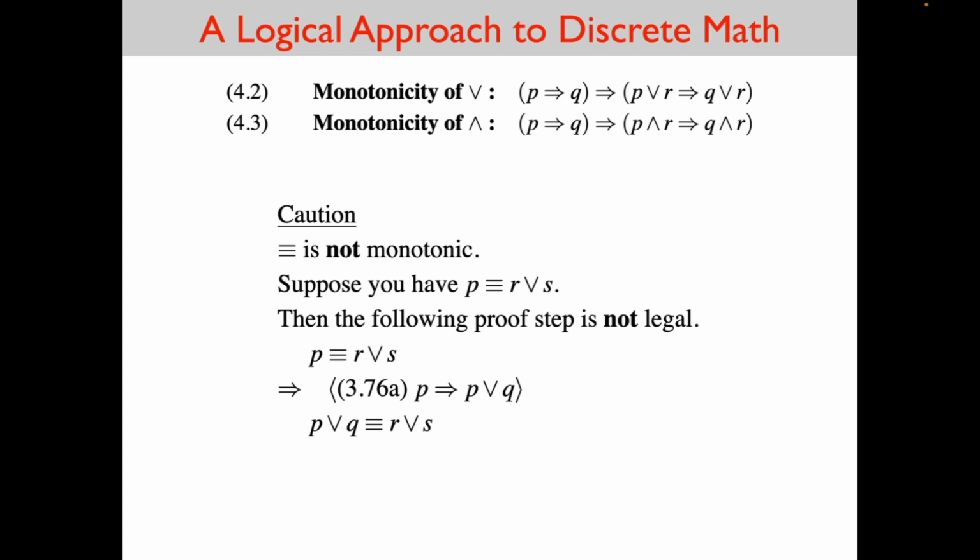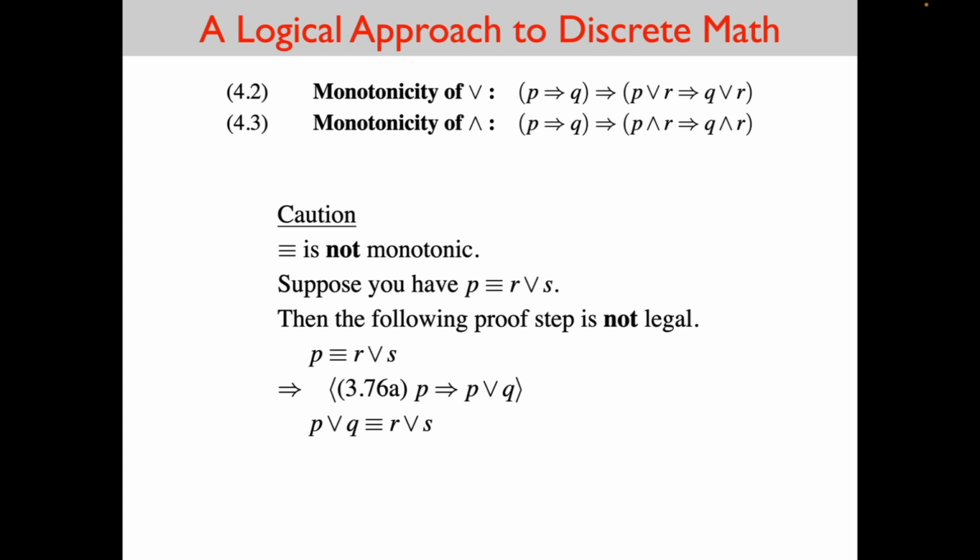So you can use monotonicity of OR and you can use monotonicity of AND, but you cannot use monotonicity of equivales. You can't just take any variable anywhere in a Boolean expression and replace it by what it implies and expect the whole thing to imply the whole thing with that substitution. It only works for conjunction and disjunction.